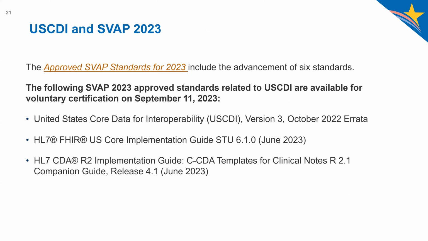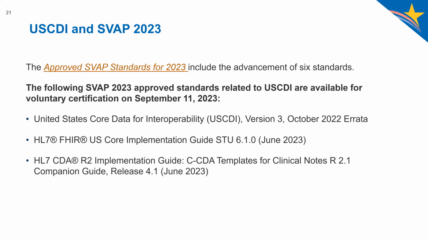shows the approved SVAP standards for 2023. There were a total of 6 standards approved for SVAP in 2023. 3 specifically are related to USCDI and were available for voluntary certification beginning on September 11th of this year.